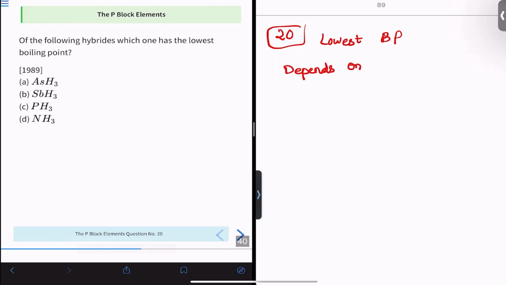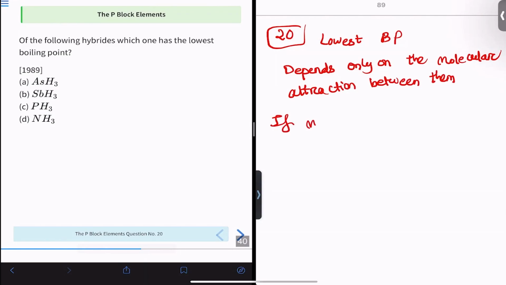It depends only on the molecular attraction between them. If the molecular attraction is more, the boiling point would be more.